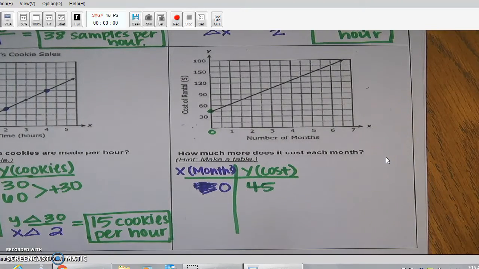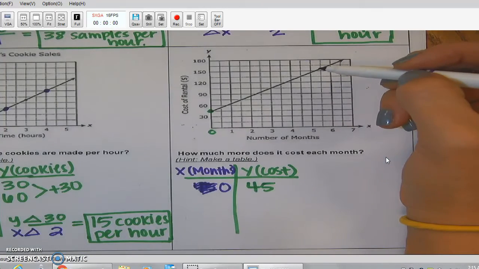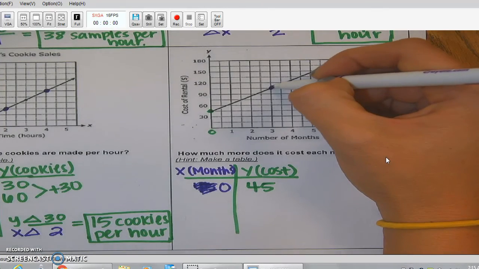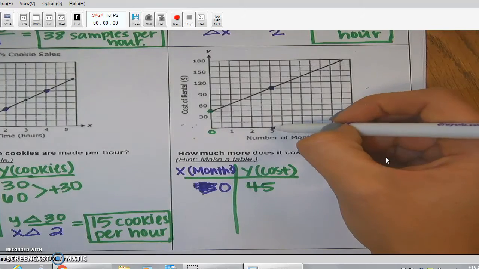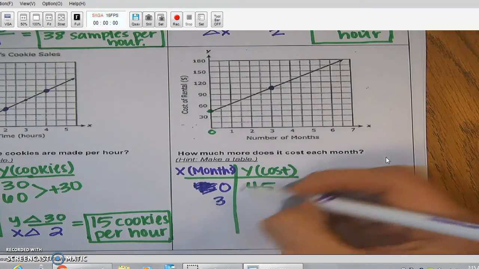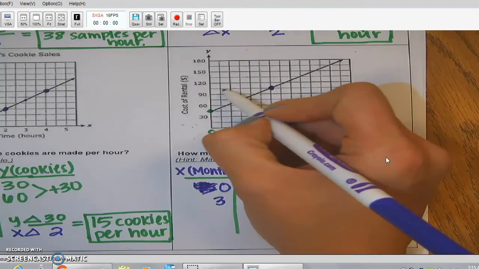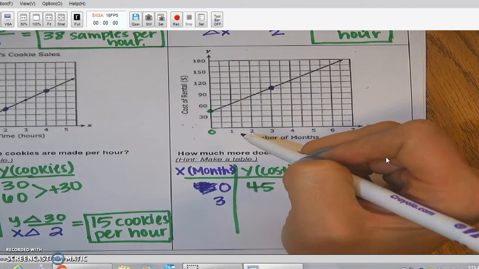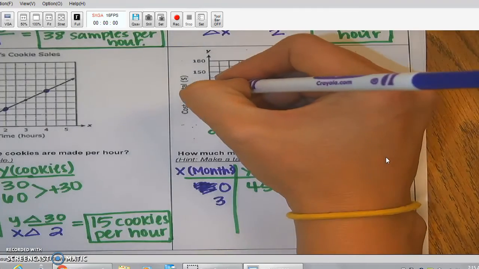Okay, and let's try to find 2 more. So this looks like a good one. My X value is 3, and my Y value is halfway between 90 and 120. So that's going to be about 105.